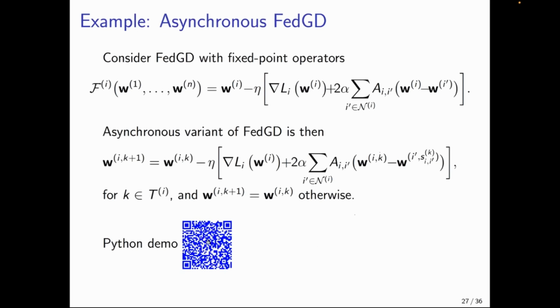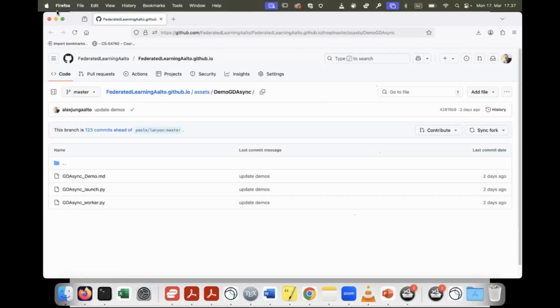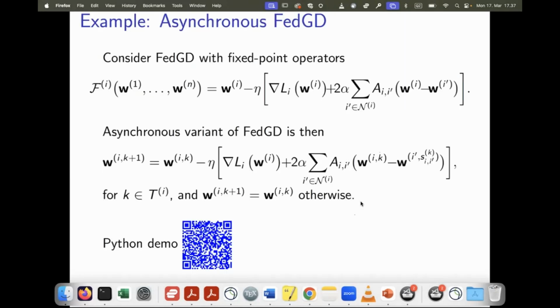Again, I have also prepared a demo here, which you can check out, and I strongly encourage you to run this demo for asynchronous gradient descent. When preparing these demos, I was made aware of how much easier it is to implement asynchronous algorithms, because asynchronous means, in the end, you don't have to ensure synchronous operation.